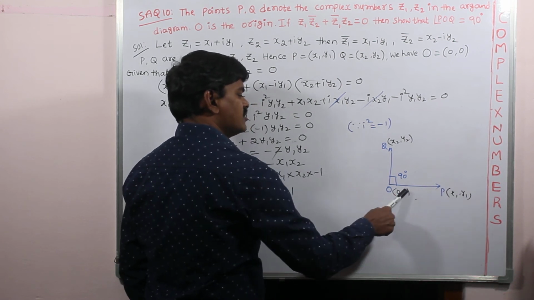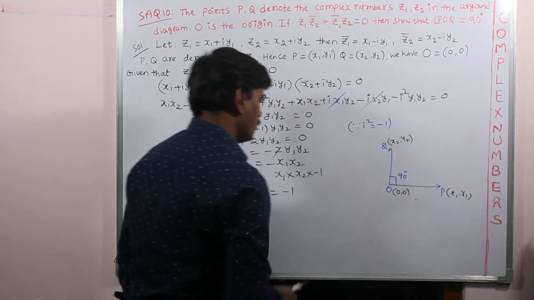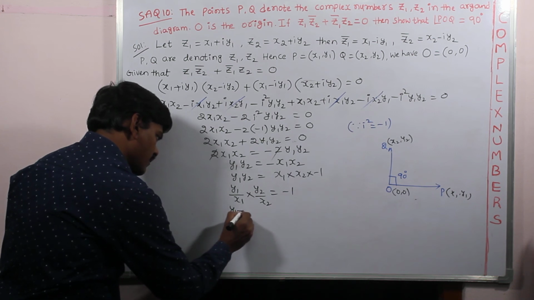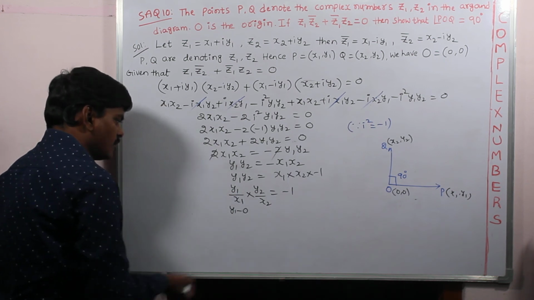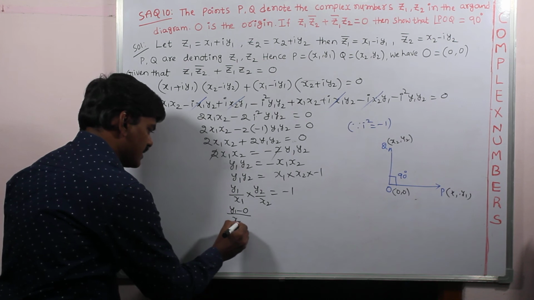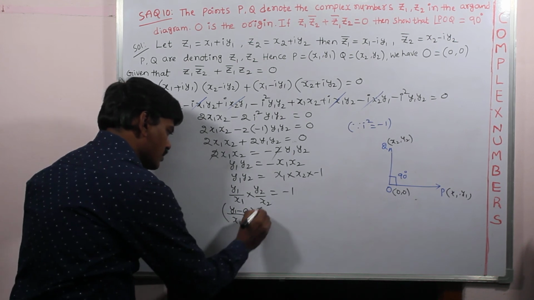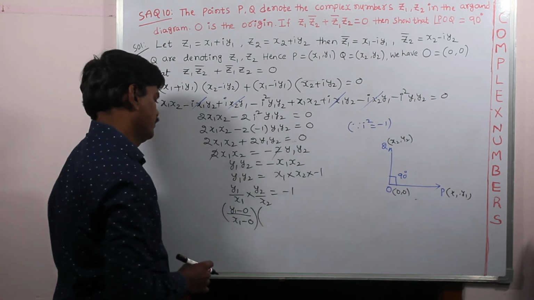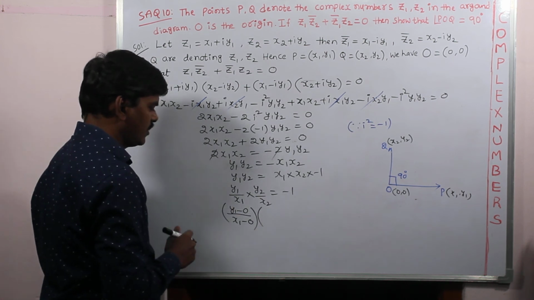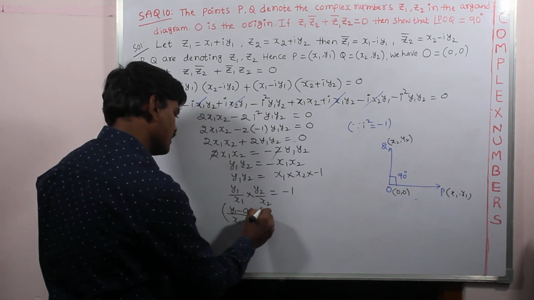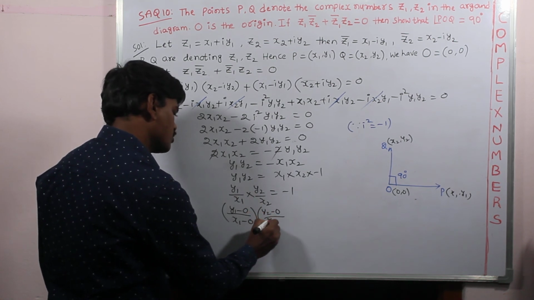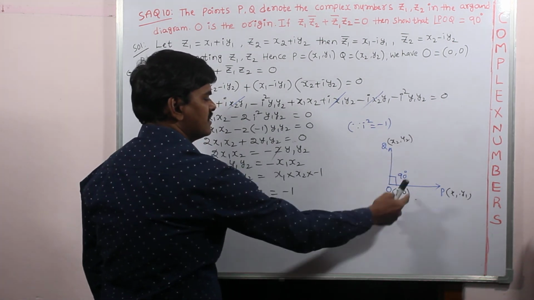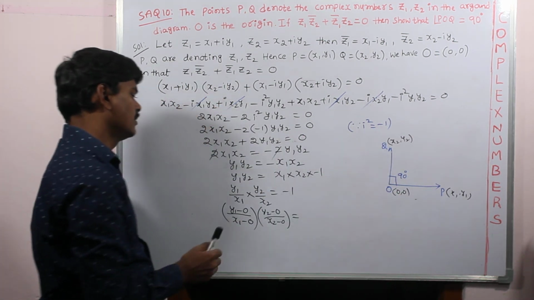So y1 minus 0 by x1 minus 0. y1 can also be written as y1 minus 0, and x1 can also be written as x1 minus 0. Because of 0 we won't have any change in value. So automatically I got the slope of OP. Similarly I can create y2 minus 0 by x2 minus 0, which is nothing but the slope of OQ.